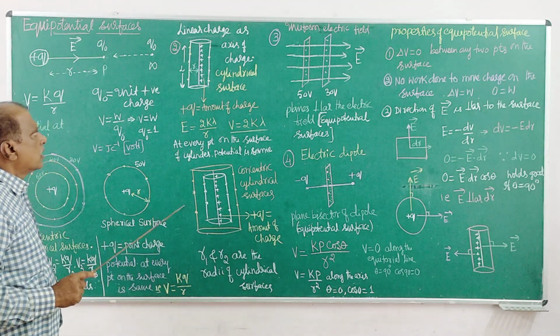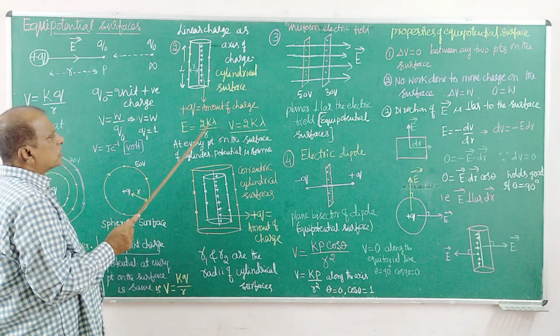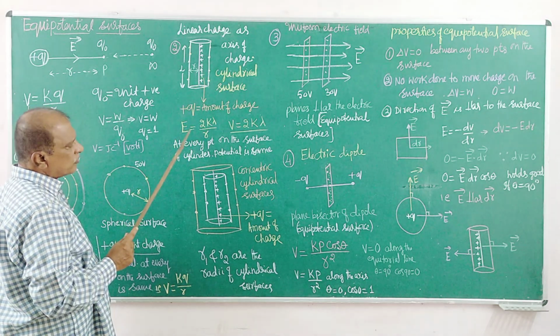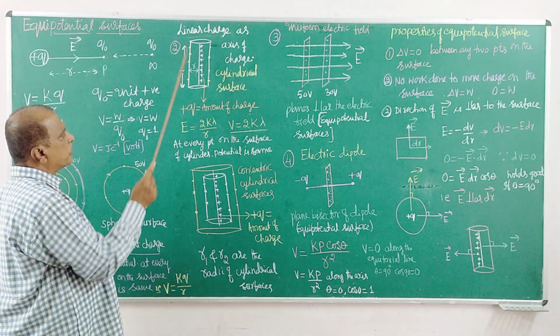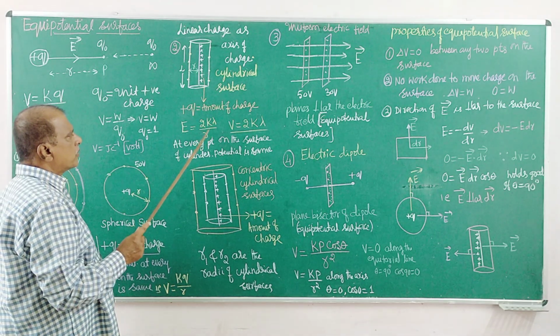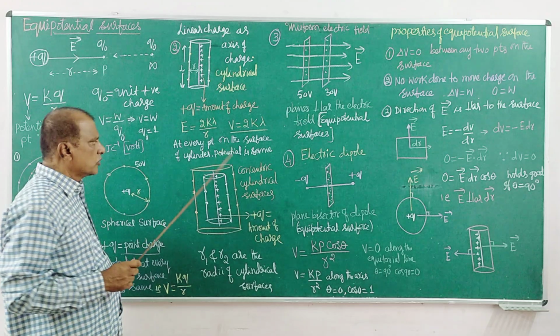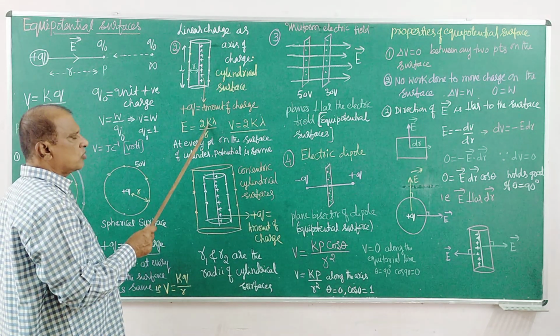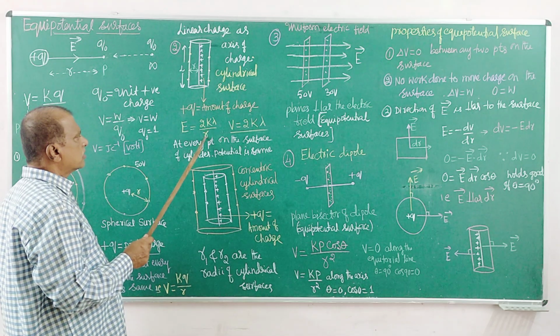And recall, we have derived the mathematical equation for the electric field at any point: 2k lambda by r. What is k? Coulomb's constant. What is r?